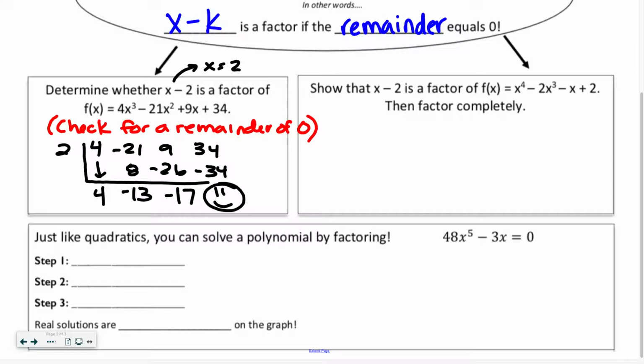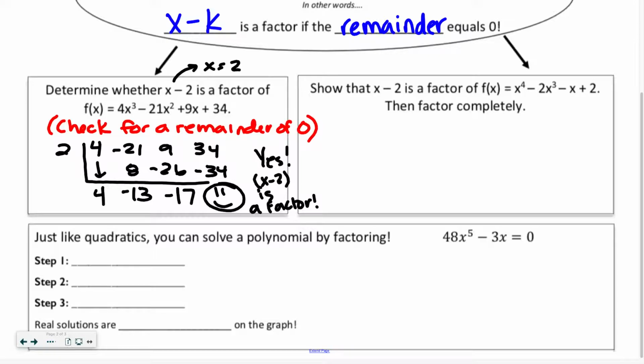I got a 0 remainder, didn't I? That makes me so happy because that means x minus 2 is a factor. So I'm just going to write that down. Yes. X minus 2 is a factor. Cool.